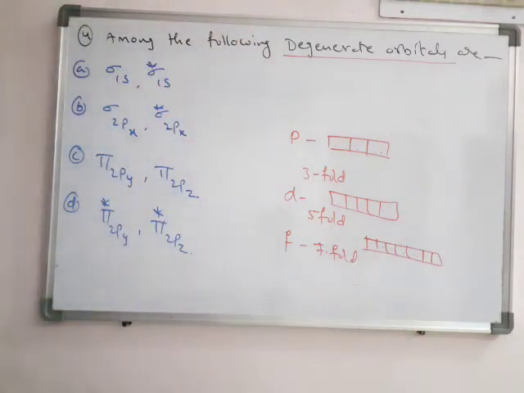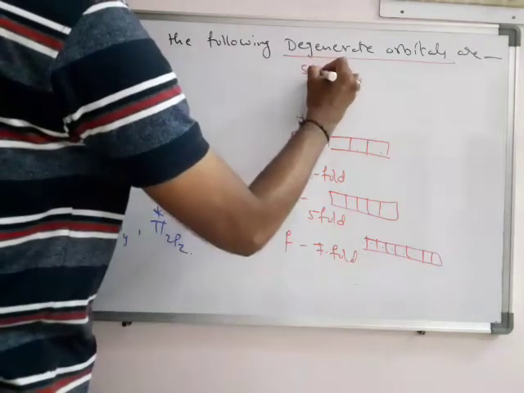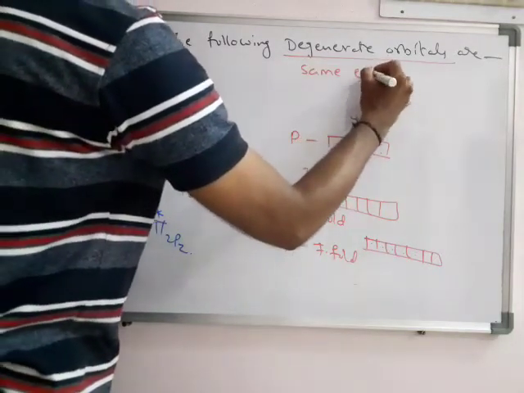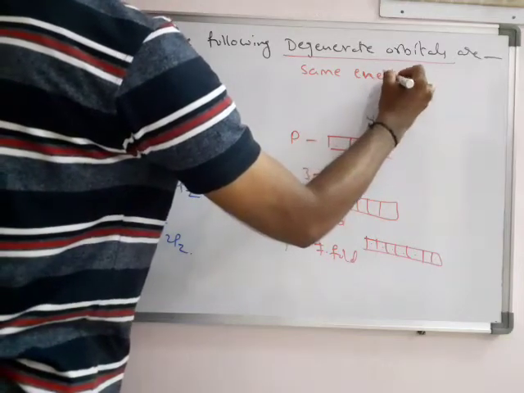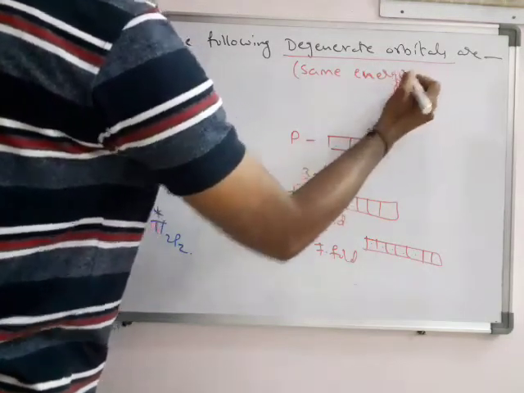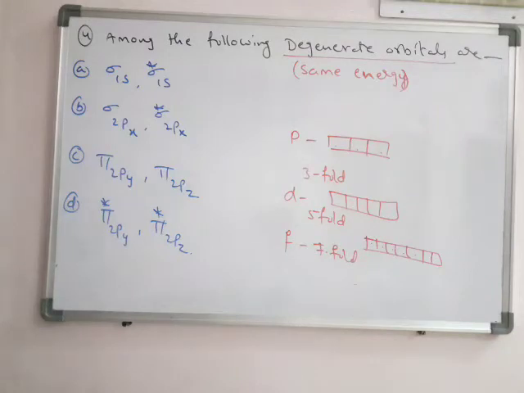Now you got the meaning of degenerate. Same energy orbitals are called degenerate orbitals.